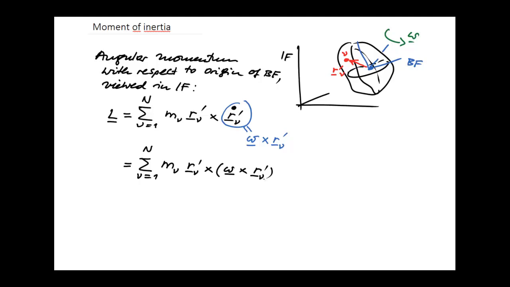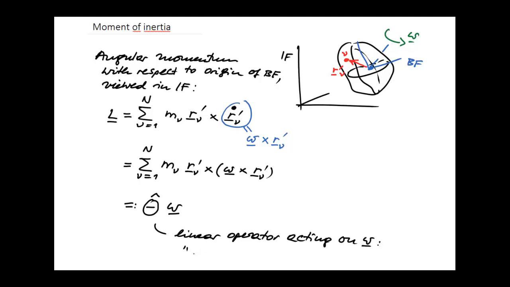So it's a linear map acting on omega. And this linear operator acting on omega, let me denote that by a capital theta. And this linear operator is called the moment of inertia.